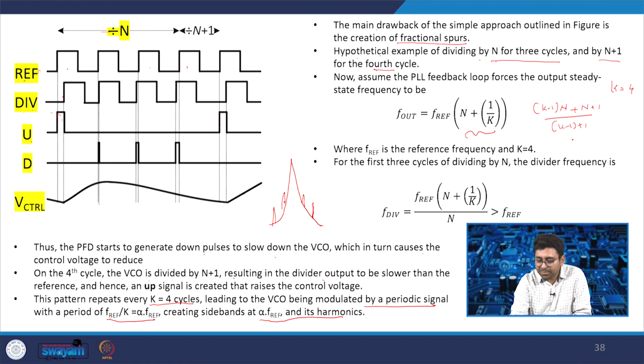So, this will come as n plus 1 by k, and for the first 3 cycles of divide by n, the divider frequency is given by f rep n plus 1 by k into f, which is greater than f rep. So, this is how the division will happen in the fractional-N PLL.